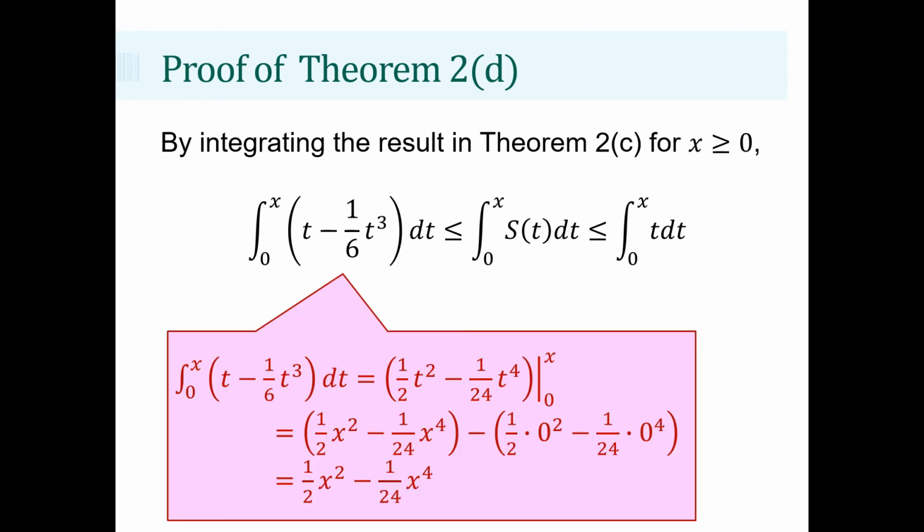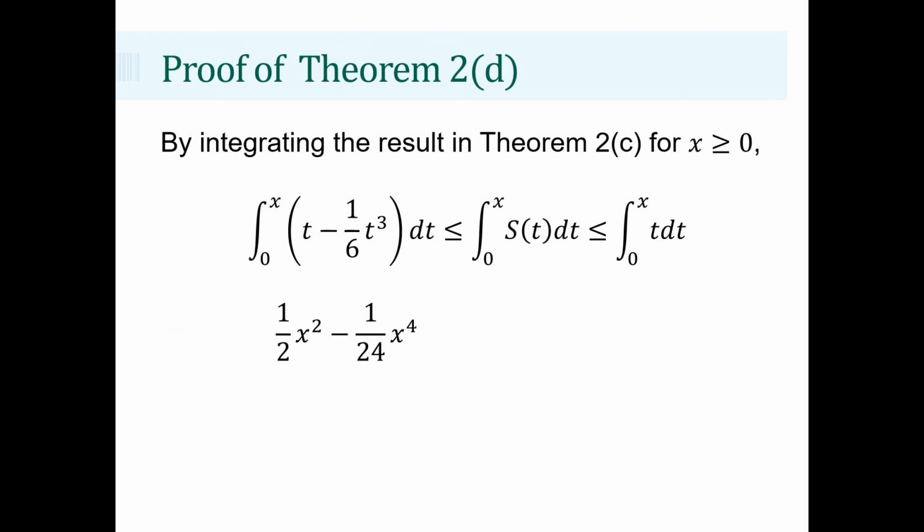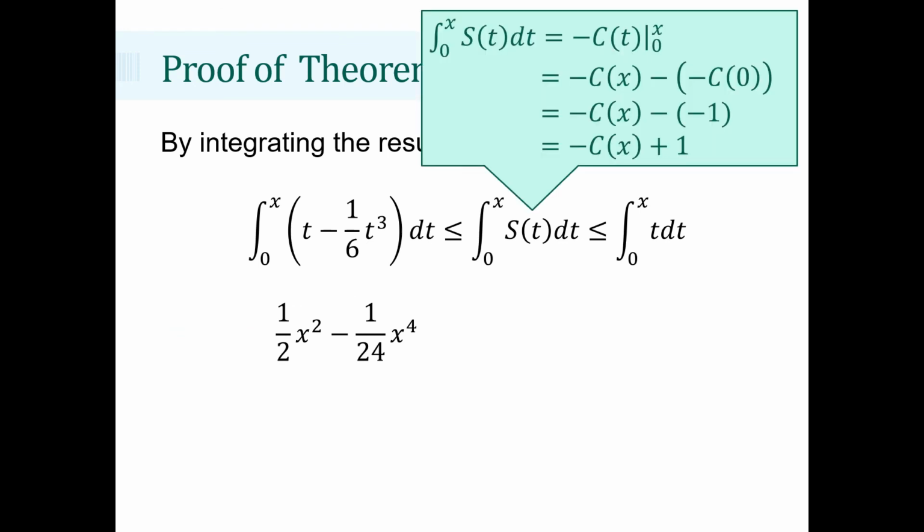So ano nga ba yung integral ng first natin? So this is just 1/2 t squared minus 1 over 24 t raised to 4 evaluated from 0 to x, or that is just equal to 1/2 x squared minus 1 over 24 x raised to 4. So the second integral naman, we have the integral of s of t is equal to negative c of t evaluated from 0 to x.